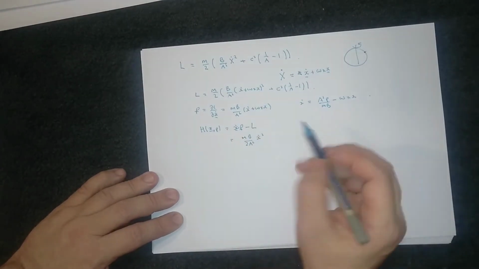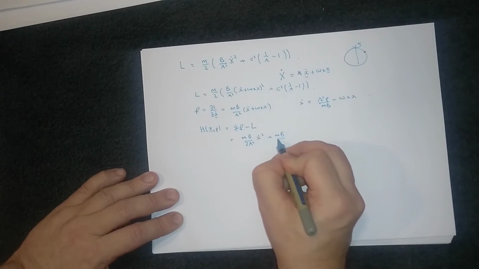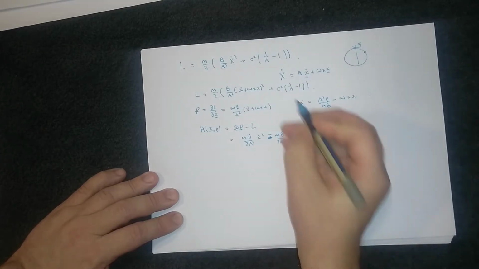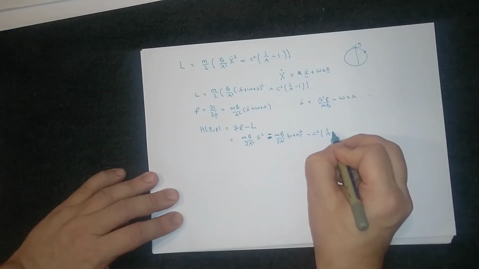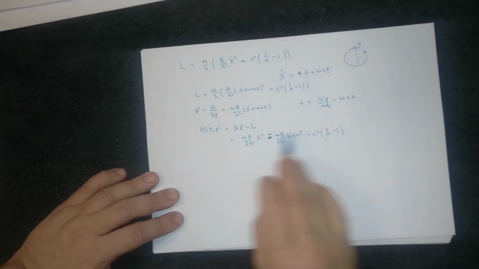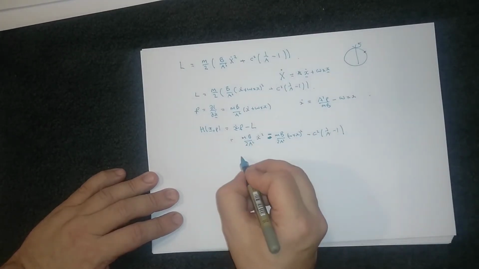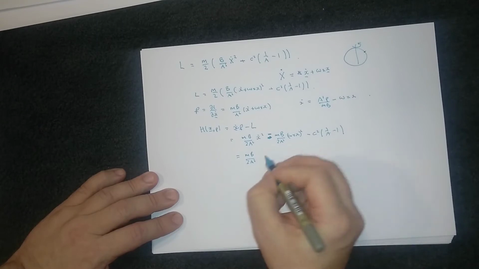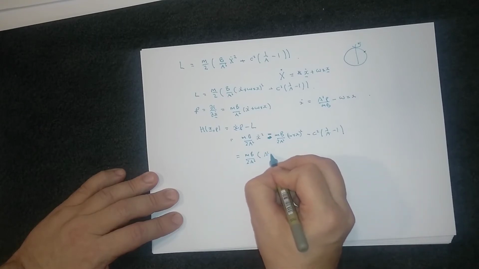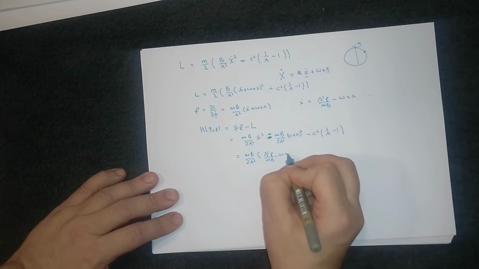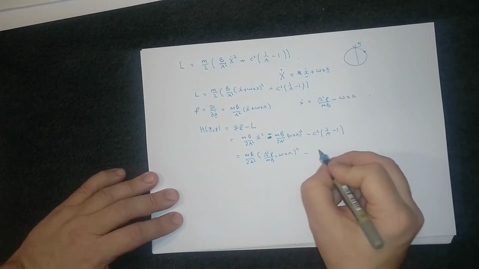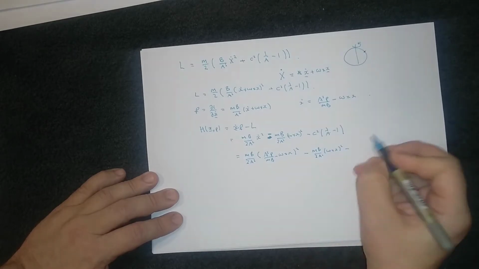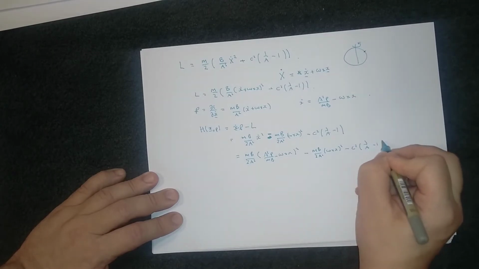So we get mb over 2a squared (omega cross x) all squared, and that's changed sign, and also this has changed sign. But we can't leave it like this. It has to be written in terms of this quantity here. So that gives me mb over 2a squared into (a squared p over mb minus omega cross x) all squared minus mb over 2a squared (omega cross x) all squared minus c squared into 1 over a minus 1.